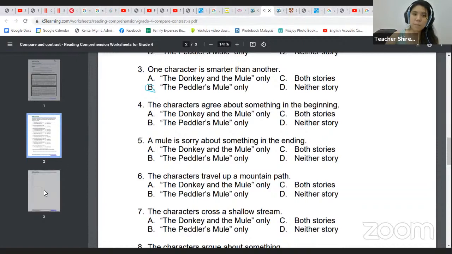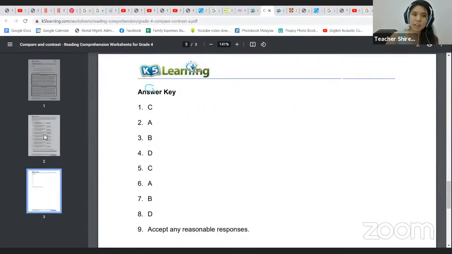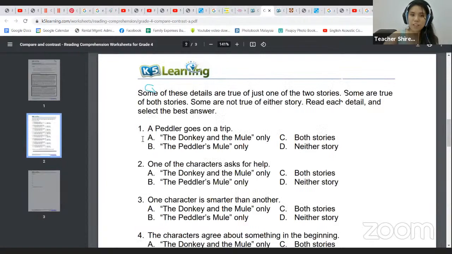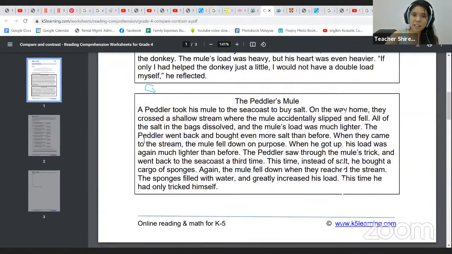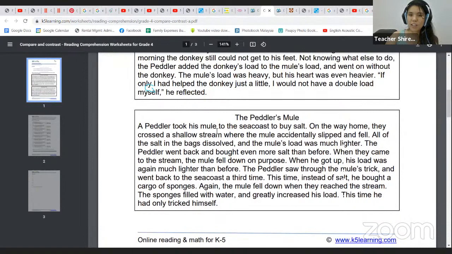Okay, why do you say the peddler's mule says that? Why do you say it's smarter?